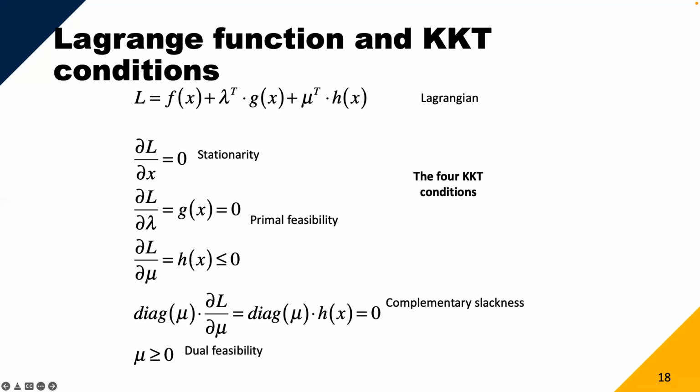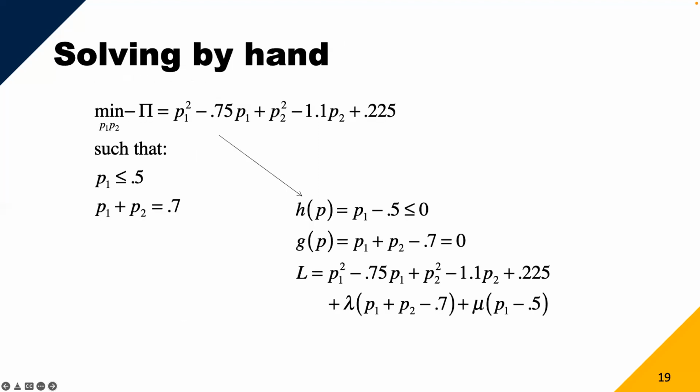And then you have these four KKT conditions: stationarity, primal feasibility, complementary slackness, and dual feasibility. This is the first derivative of your Lagrangian with respect to x, with respect to lambda, and with respect to mu. This looks a little bit complicated, but we'll show how we can apply this to this problem.